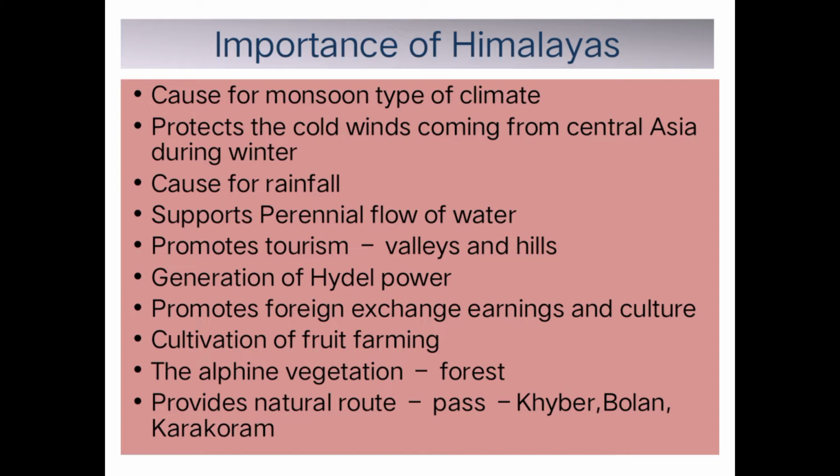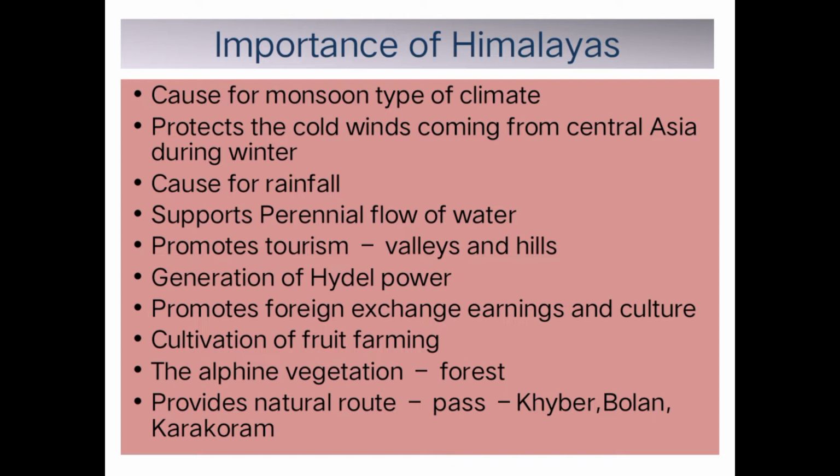Himalayas stand as a barrier, protecting India from becoming a desert and from the cold winds entering our country. Himalayas protect the nation, and are responsible for the monsoon type of climate. They protect from the cold winds coming from Central Asia into India during the winter.